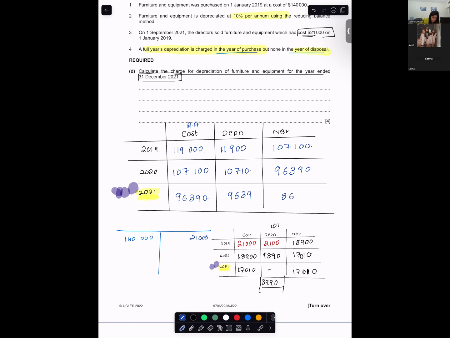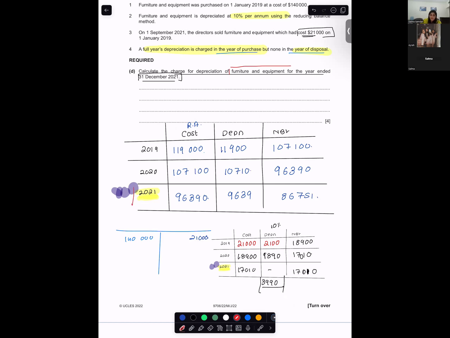Net book value is 86,751. So what is the depreciation charge for furniture and equipment for the year ended 31st December? 32,249.